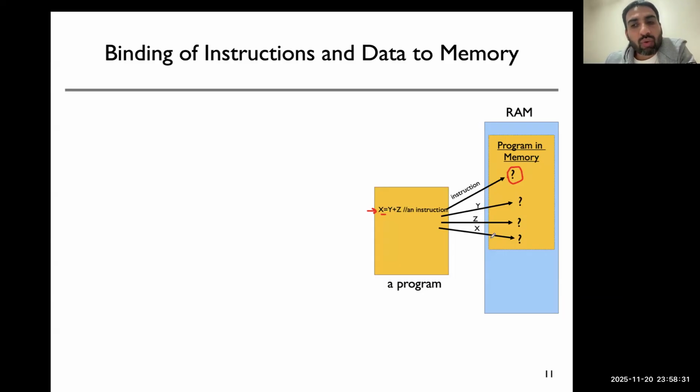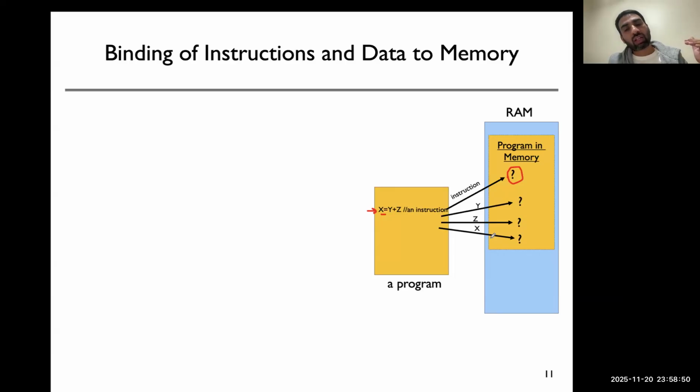So as a programmer, from when you write a program to the point where it is actually running, in between you need to resolve these questions: what is the exact location of the instruction in the memory?